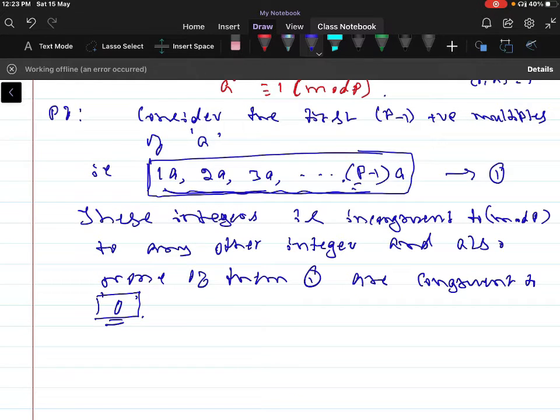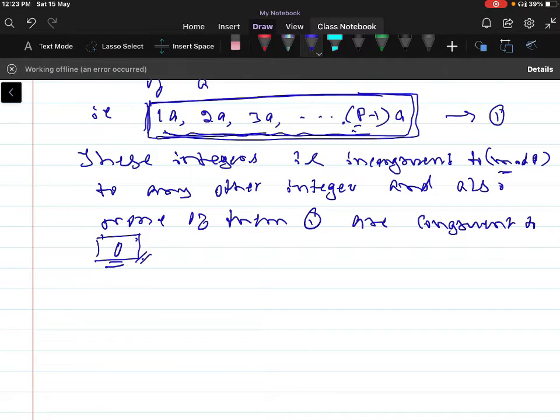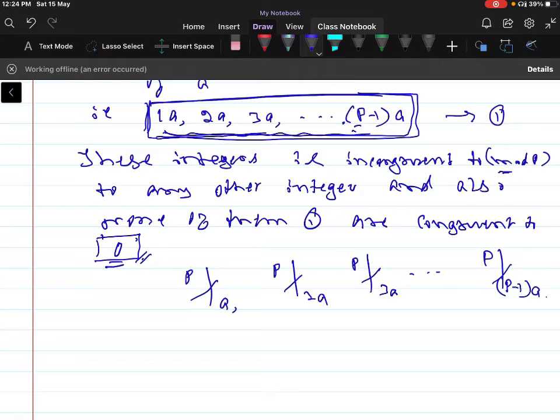Here P is a prime number, and we considered first P minus 1 positive multiples of A. So these integers are incongruent to any other integer under modulo P, and moreover these integers are incongruent to integer 0 also under modulo P. So that is, P does not divide A, P does not divide 2A, P does not divide 3A, and so on. P does not divide P minus 1 into A.